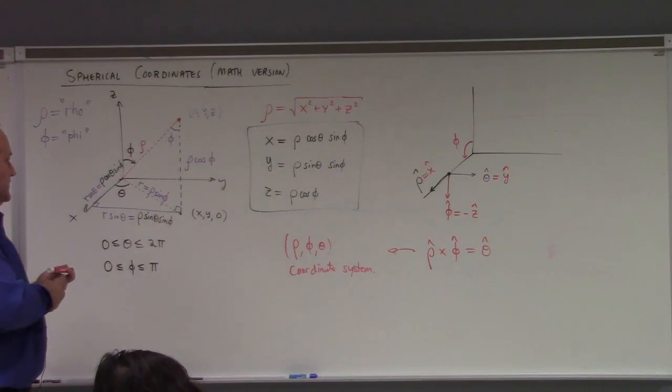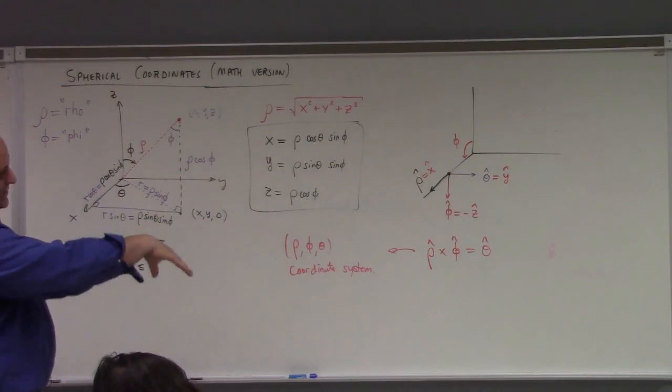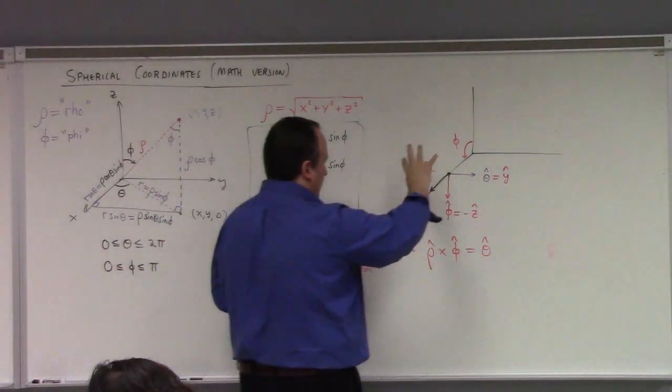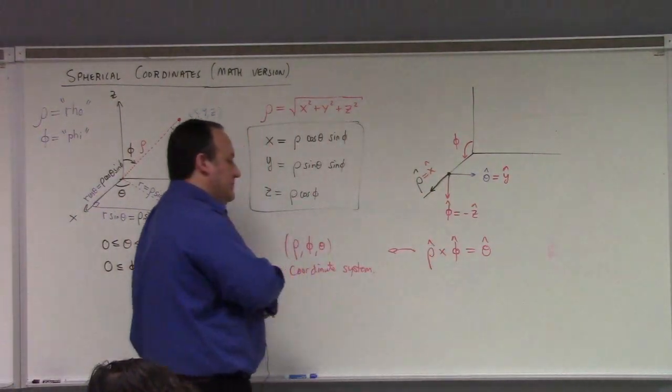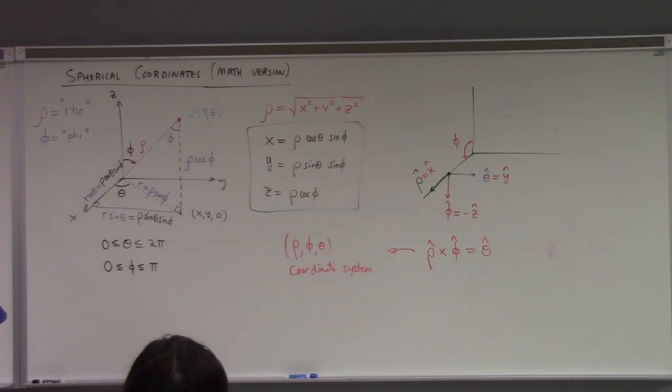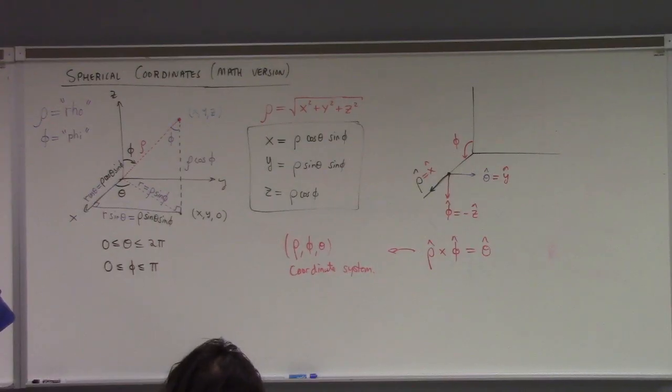I have some more pictures to show you, but I haven't written down formulas for rho hat and theta hat. I mean, you already know the formula for theta hat. It's the same one I showed you just a minute ago for the cylindrical coordinates.